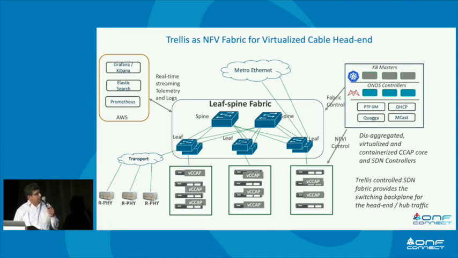The one that you see here is the virtualized CCAP cores, which is essentially the virtualized CMTS entities. From a real-time telemetry standpoint, all elements of the solution were streaming telemetry and logs into AWS, which really gives us a deep visibility of what's happening.